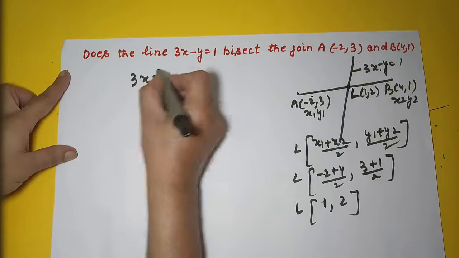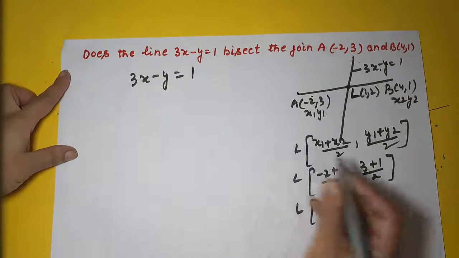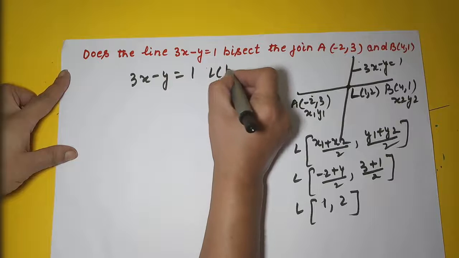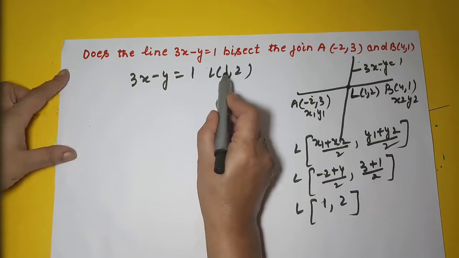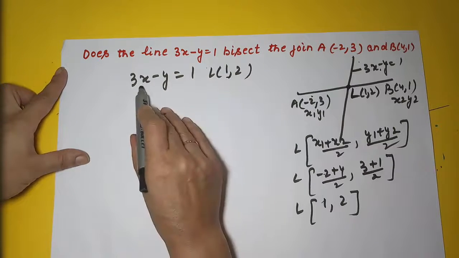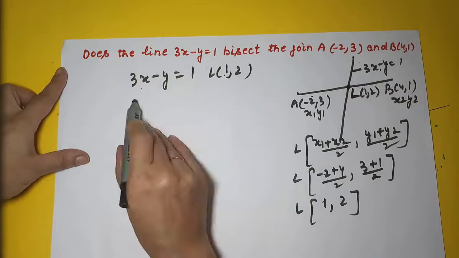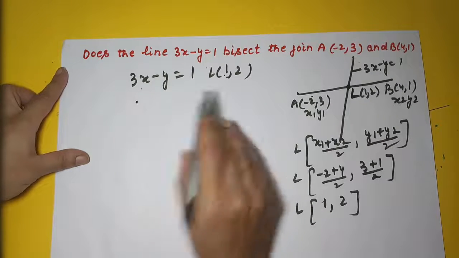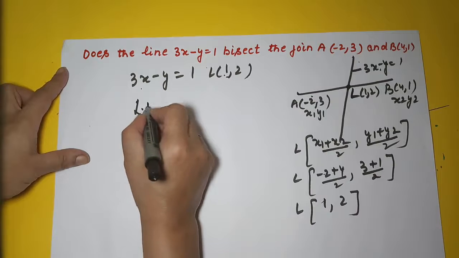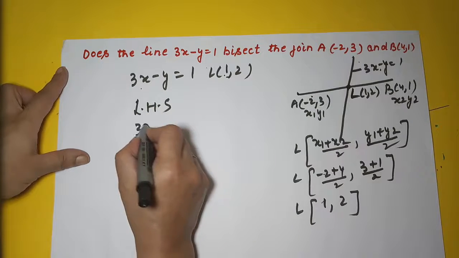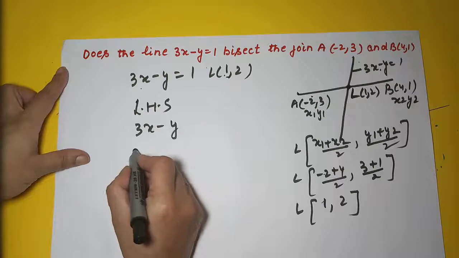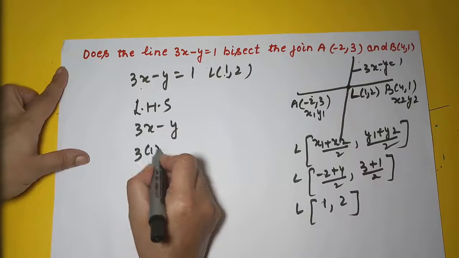So how do we prove whether this point L satisfies this? We will substitute, replace the values of x and y by 1 and 2 and see whether left hand side is equal to right hand side. So let me take the left hand side first. That is 3x minus y. So 3, what is my x? 1.